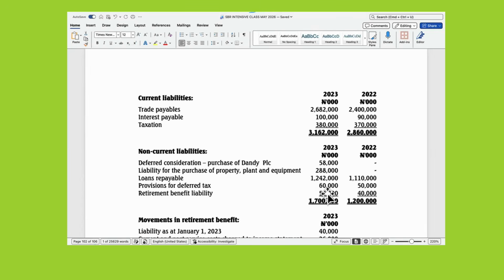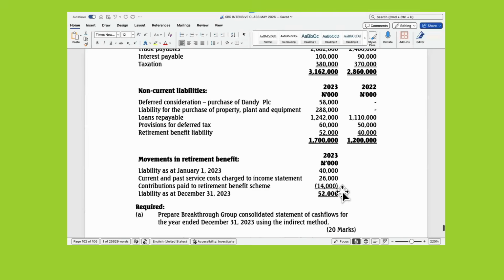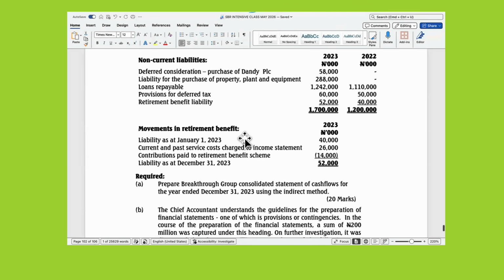Then retirement benefit plans. This movement here, what was happening in between will most likely be your current service cost. They give us the movement in retirement benefits here, and the only cash item is the contribution paid to the retirement benefit scheme of 14,000.